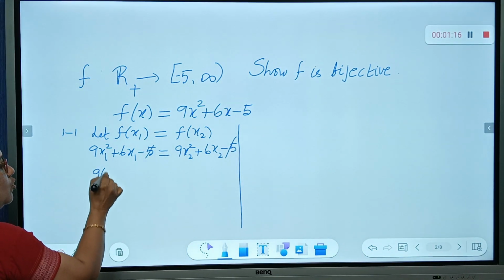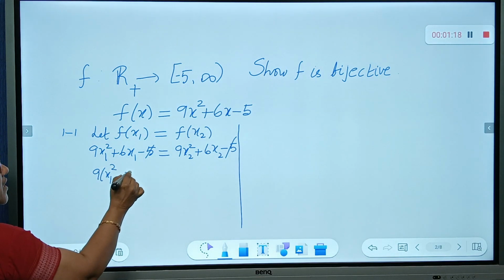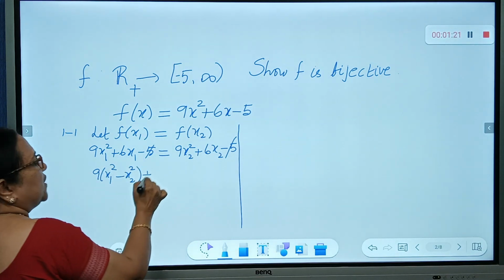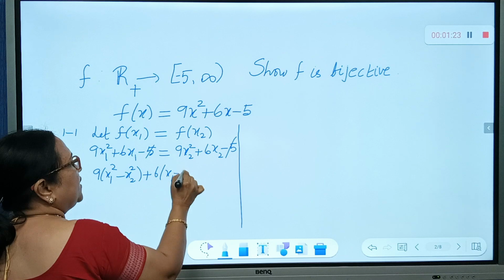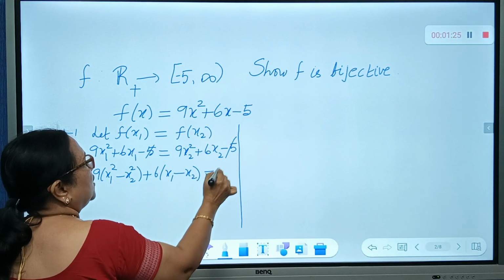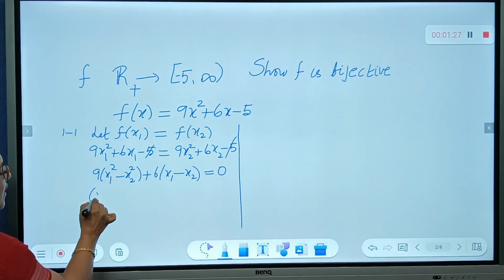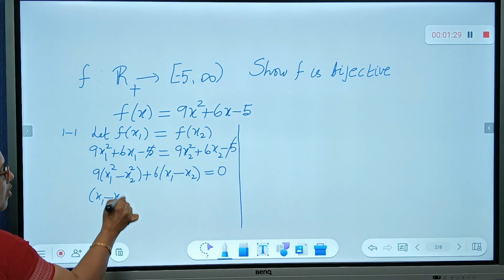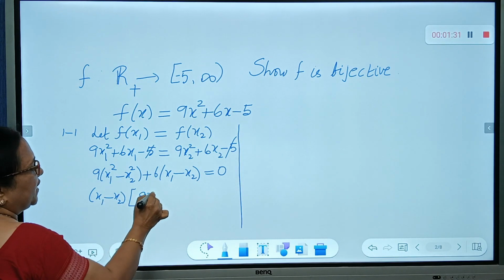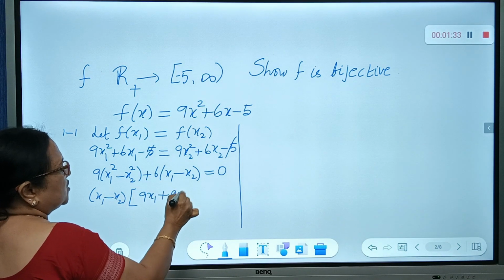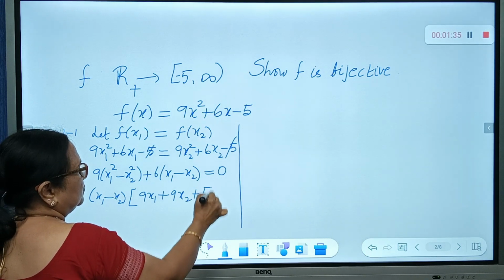So 9(x1² - x2²) + 6(x1 - x2) = 0. If I take out (x1 - x2) as common, I will have (9x1 + 9x2 + 6) = 0.